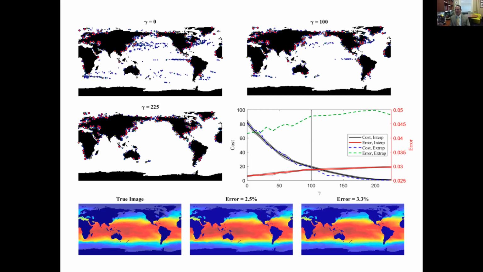And then we say, yeah, but it's very expensive, so let's penalize it. So if you penalize it some, you still have a lot of the sensors move to shore, some still stay out in the ocean, and then you even penalize it more, and then you get the bottom picture, where gamma is 225 there. You've moved all the sensors to shore.